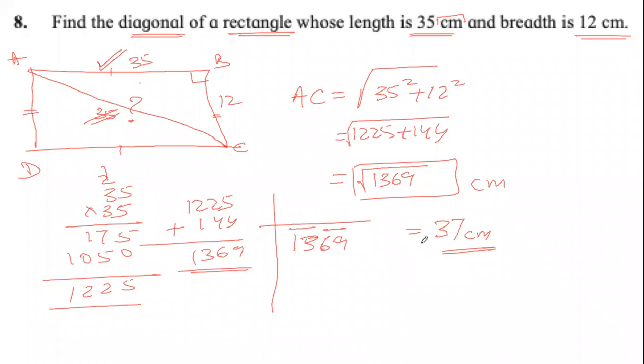Right? So we can calculate the square of 35 as 1225. We know that square of 12 is 144. When we add them, we get 1369. And we can calculate the square root of 1369. Or if we remember that 37 square is 1369, we can directly say 37.